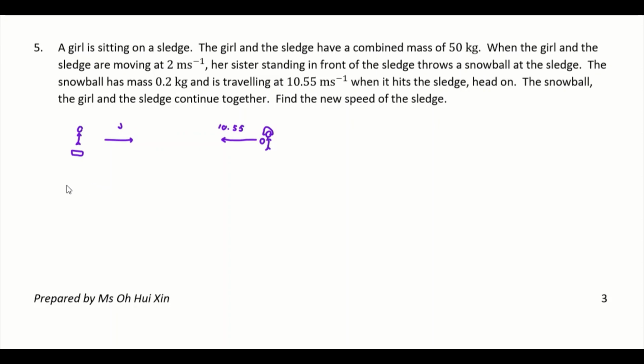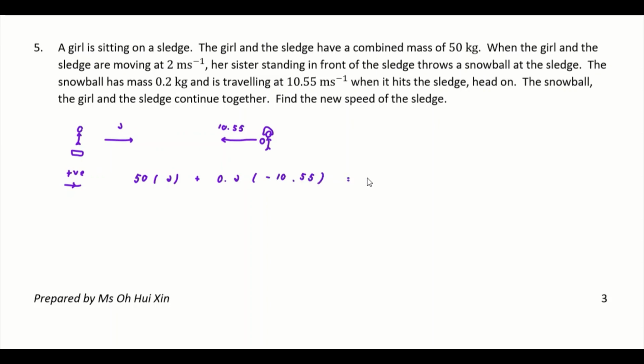So the total momentum before: let's denote this direction as positive. Although the velocity of the snowball is very high, the mass of the girl and sledge is much higher when we compare the products of mass and velocity, so the snowball wouldn't be able to change the direction of the girl. Before, we have the girl and the sledge multiplied by the speed, plus the snowball in the negative direction, so negative 10.55.